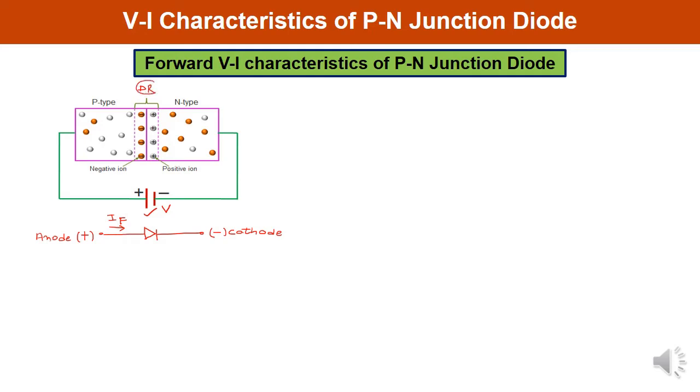So when you are increasing this voltage across a PN junction diode, then up to a certain point, diode current is very small, because you have studied that the applied voltage has to overcome the barrier potential.